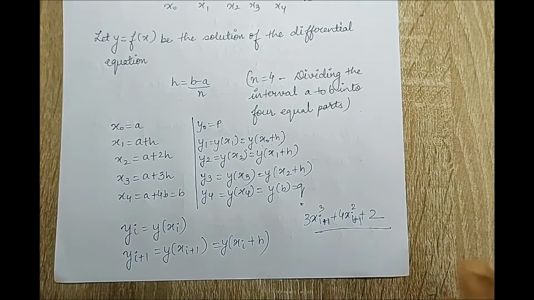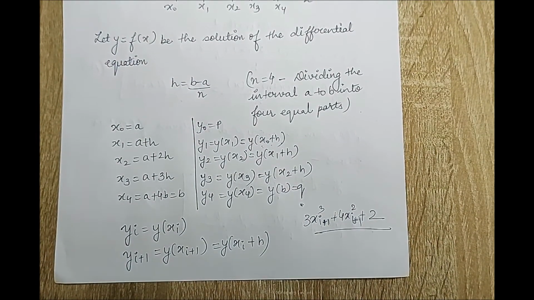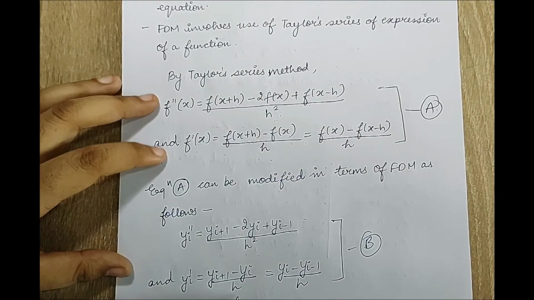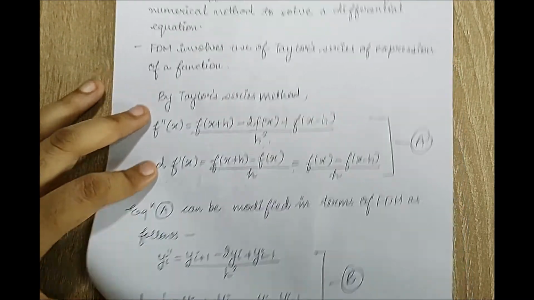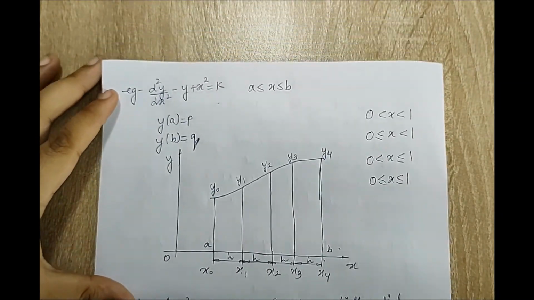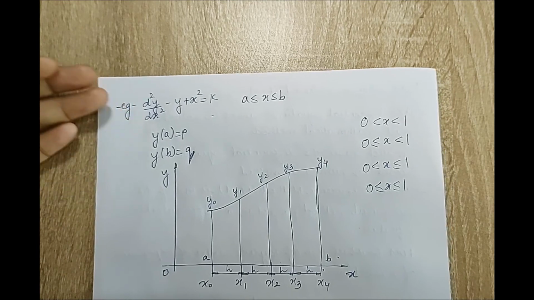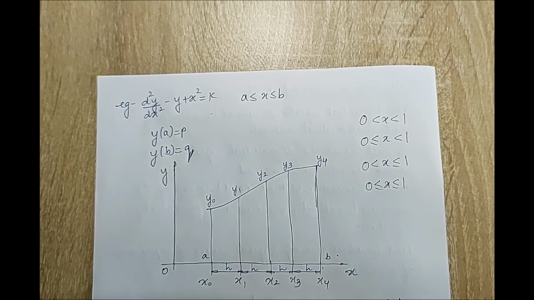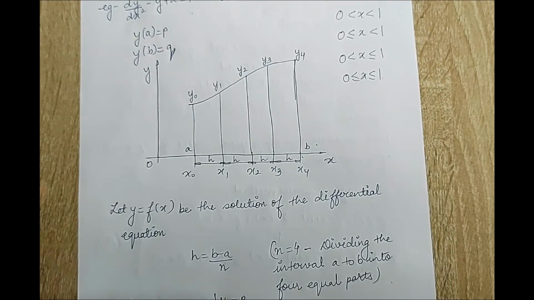So this is the very simple meaning of y is a function of x. When you substitute in these equations, you will get an equation which will be this equation y is equal to f of x. Once you get this equation, you substitute over here, you should get the solution. Or rather, I would say by using finite difference method, you can assume a solution and prove that it is a solution for this equation. So you can go either way.